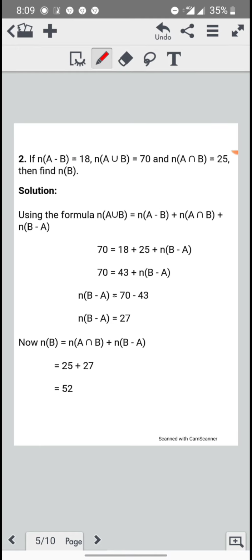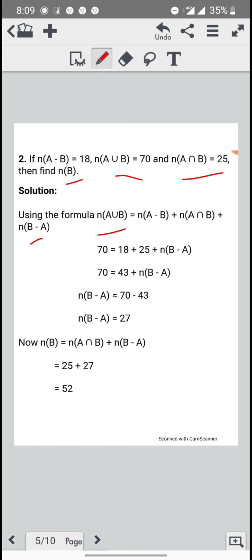Next is, if n(A minus B) is equal to 18, n(A union B) is equal to 70, and n(A intersection B) is equal to 25, then find n(B). Using the formula, n(A union B) is equal to n(A minus B) plus n(A intersection B) plus n(B minus A).